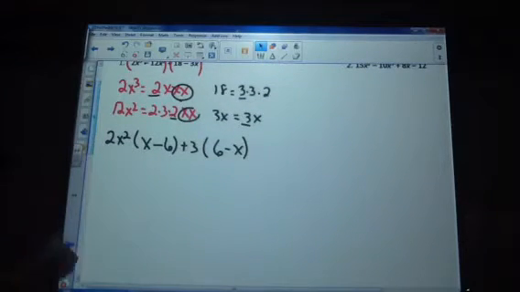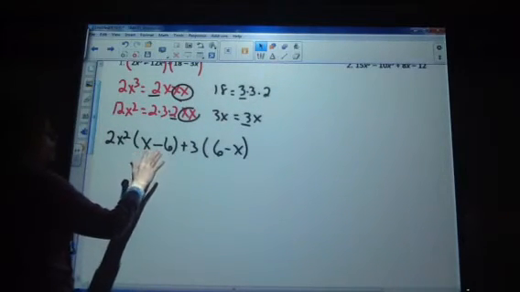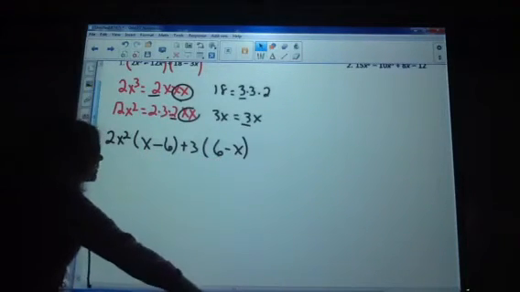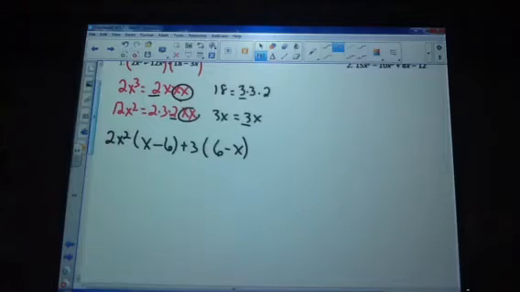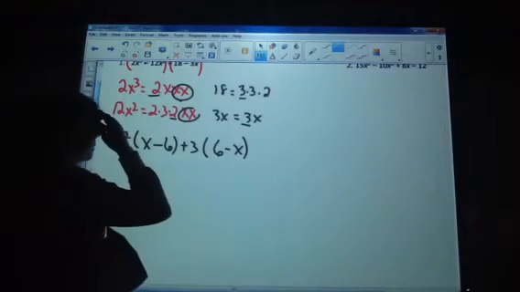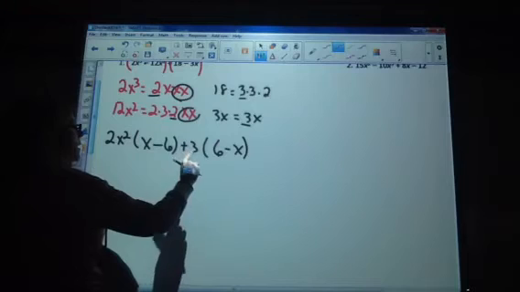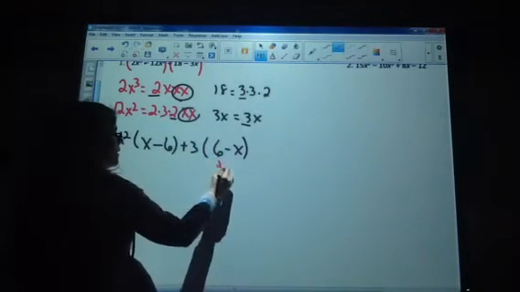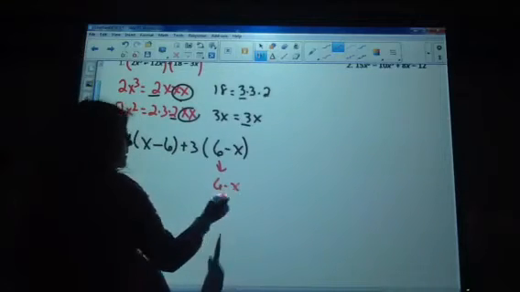Okay? Now, when you have two binomials where you have x minus 6 and 6 minus x, those are called opposites. So they would cancel each other out when they're opposites, okay? So what we can do is the opposite of this one. So let's just look right here at the 6 minus x.